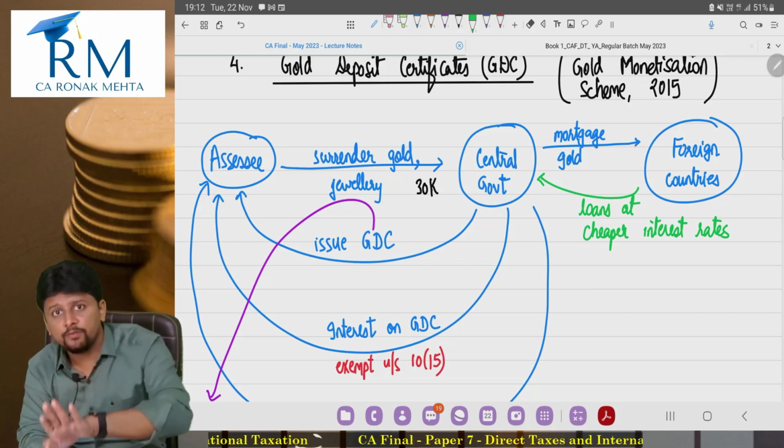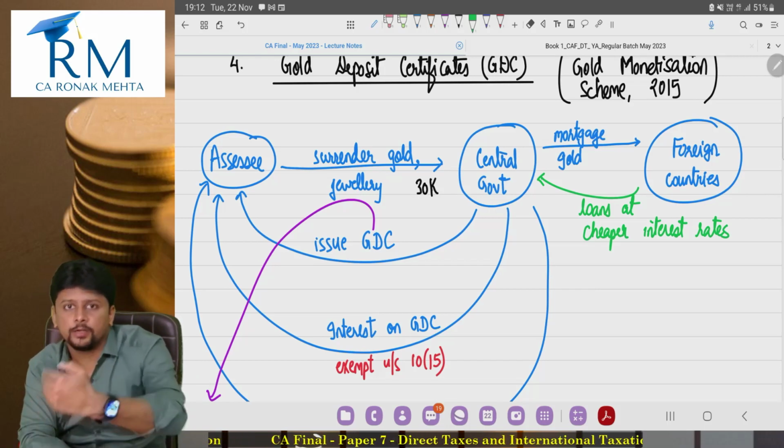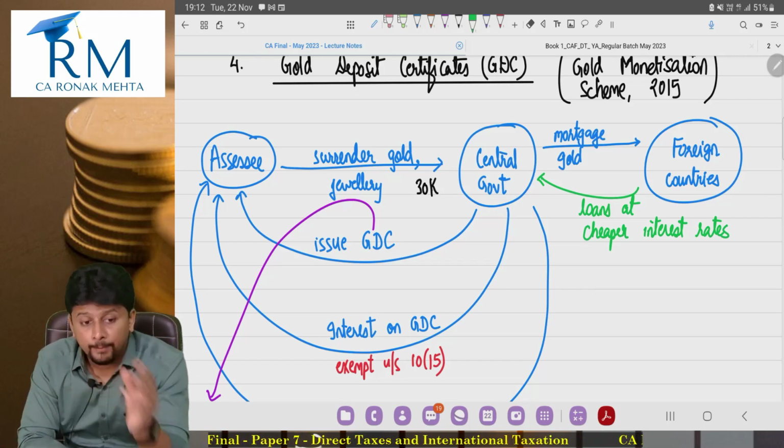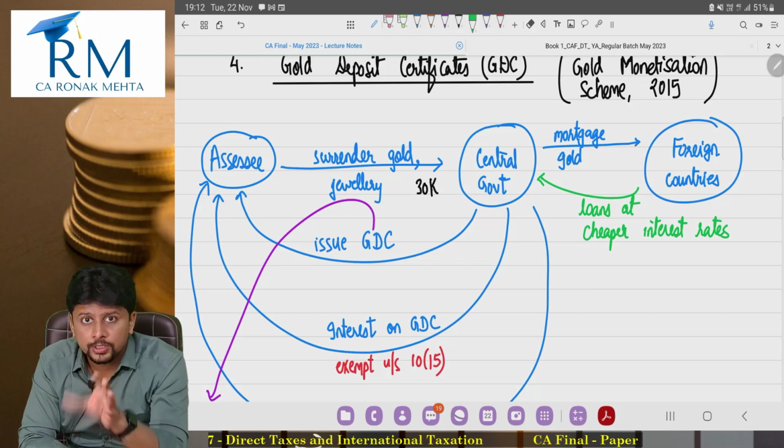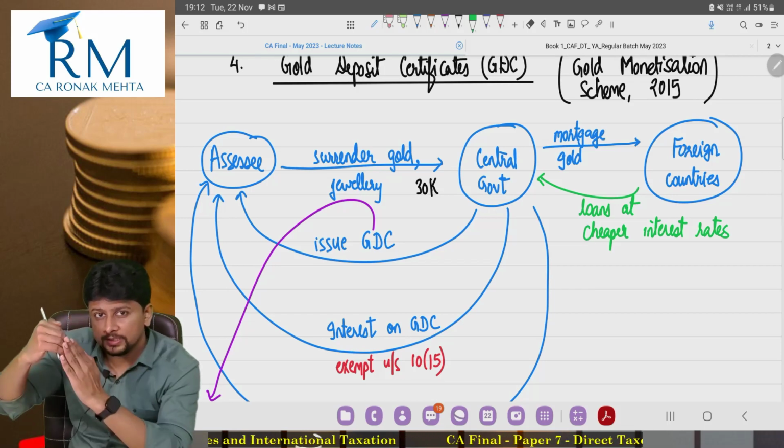If you don't give gold as mortgage, the rate of interest increases slightly. By giving gold as mortgage, interest rate on that loan slightly reduces.